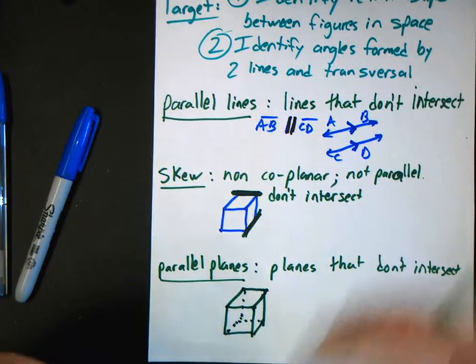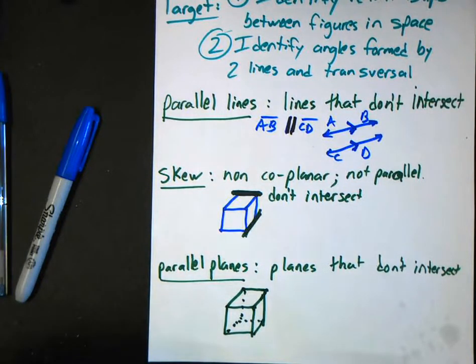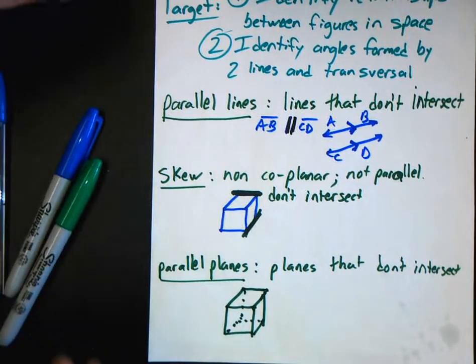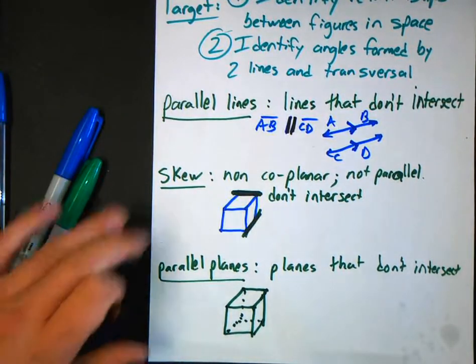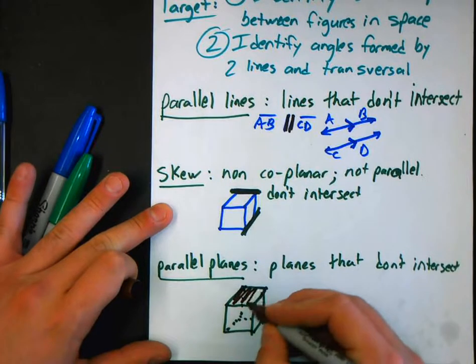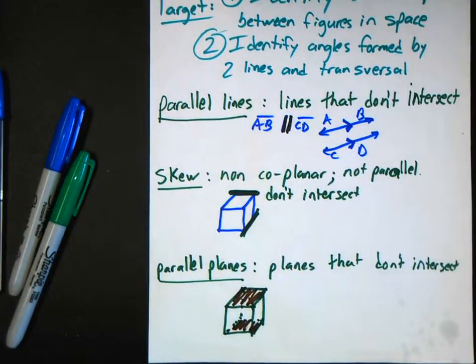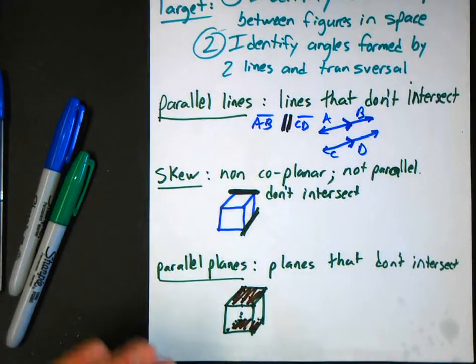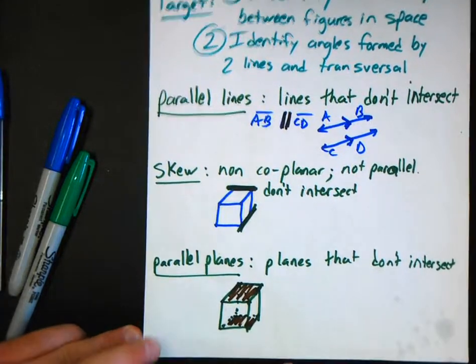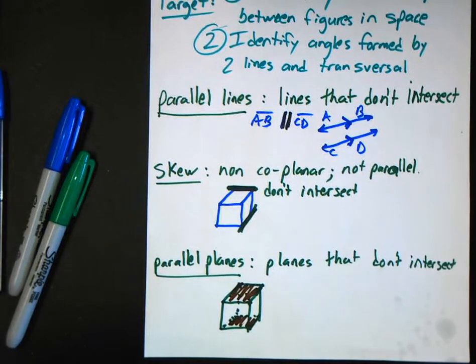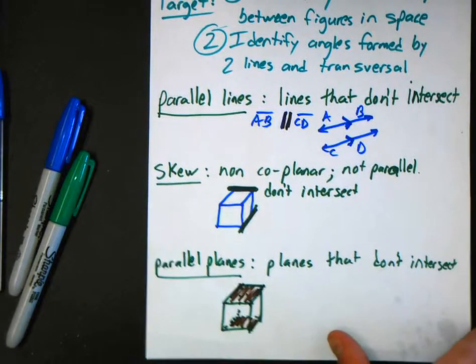All the dotted lines are behind the cube. A set of parallel planes could be this top side right here and this bottom side right here. Those two planes are parallel to each other. They will not intersect if they extend out forever in all directions, both the top and the bottom. So those are the first three terms.